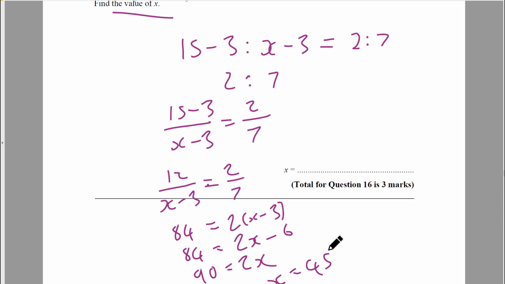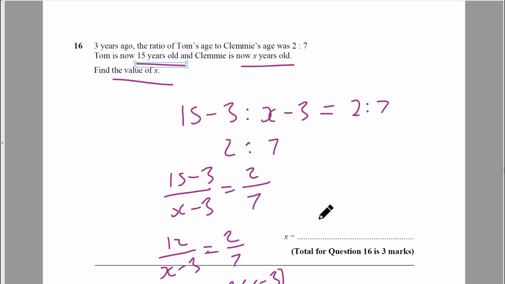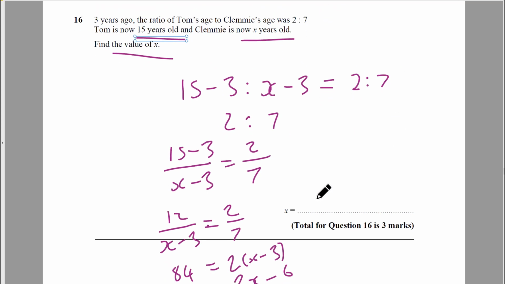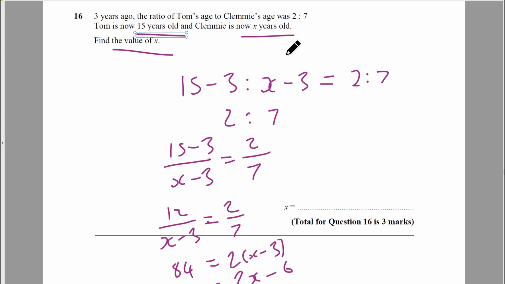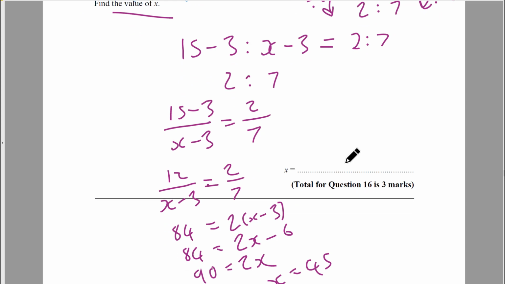And that's it. Now if you think x equals 45, let's just make sure that makes sense. If x equals 45, you're going to get 42 here and 12, and if you divide that by 6, you are going to get 2 to 7, so that's correct. So x equals 45.